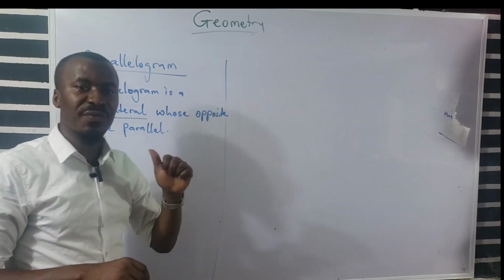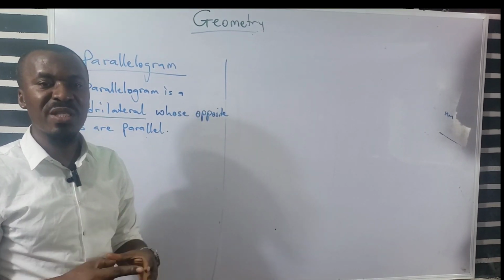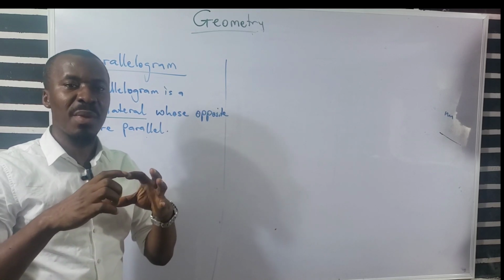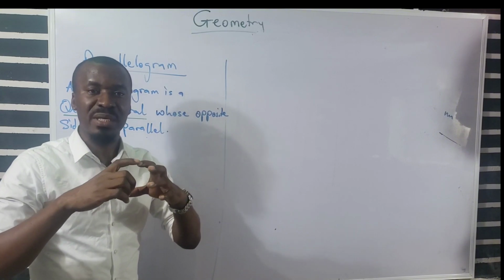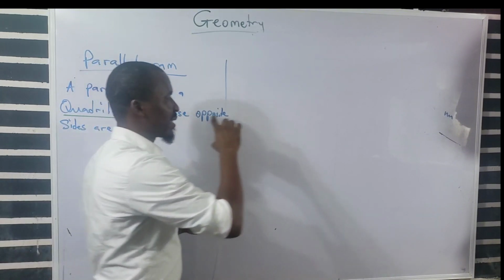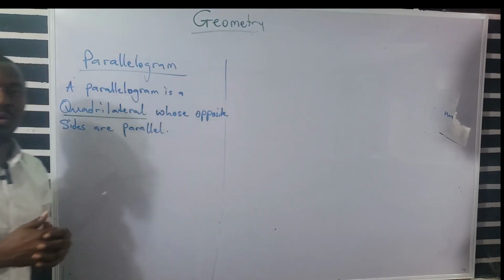In our previous video on geometry, I discussed what we mean by parallel lines. Okay, two lines where the distance between them is always equal at every point, meaning that they cannot meet at any point. They keep moving at a particular distance from each other. Okay, that's a parallel line.